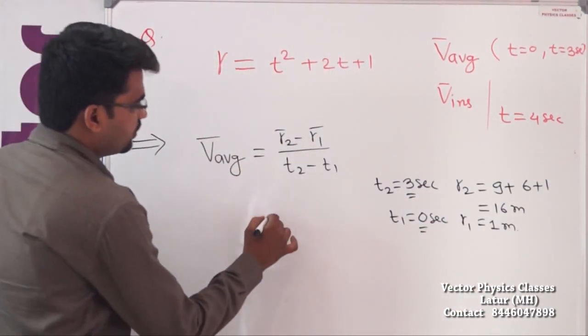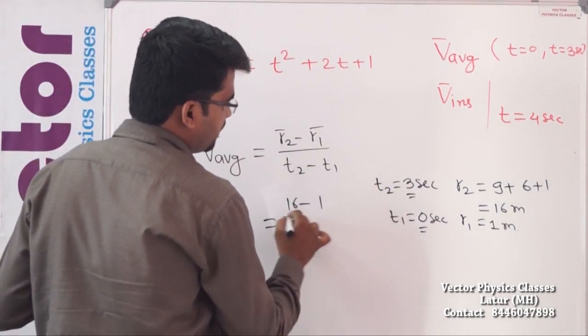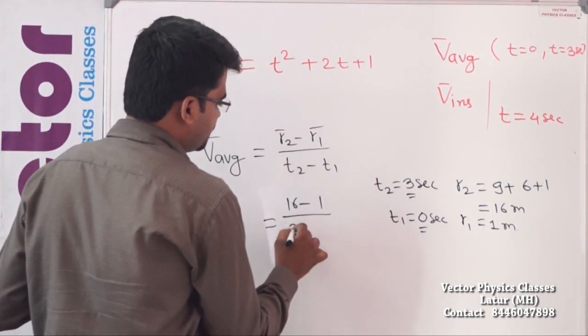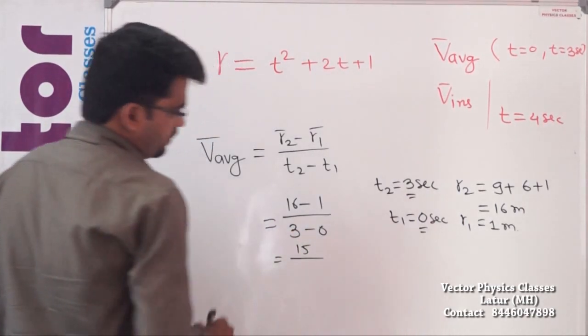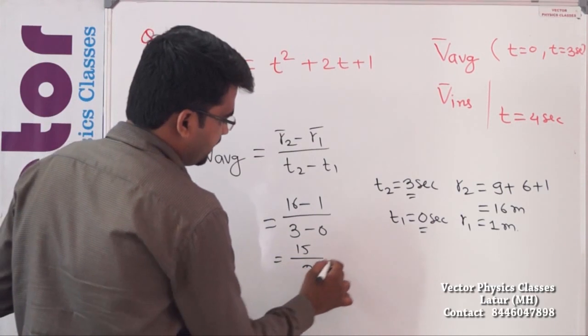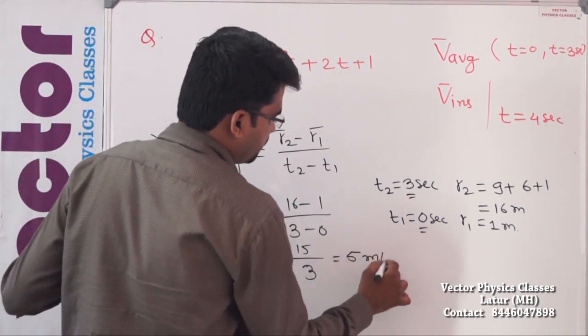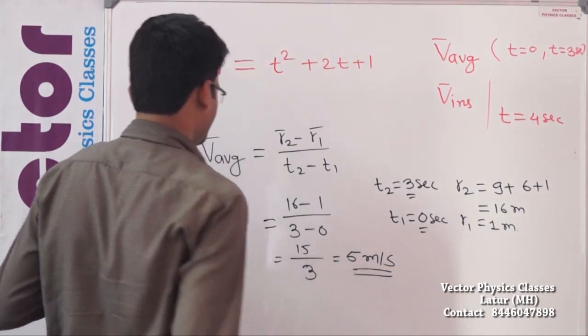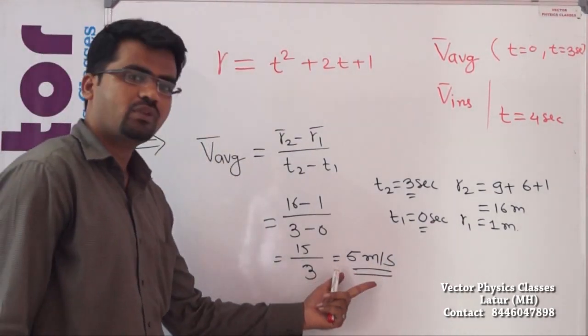Putting in this equation, we get 16 minus 1 divided by 3 minus 0, which is 15 divided by 3, equal to 5 meter per second. So this is the average velocity.